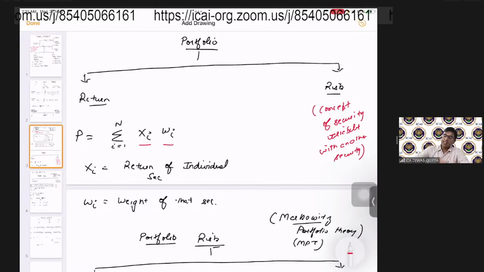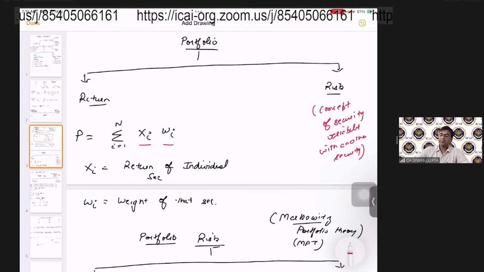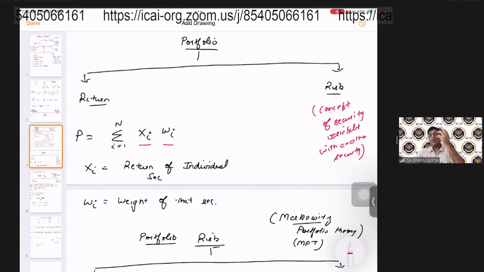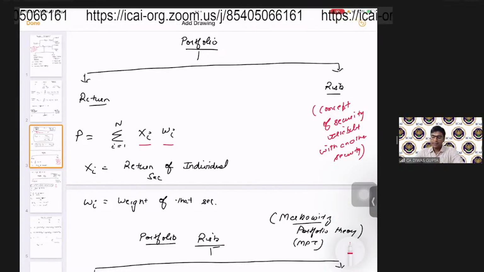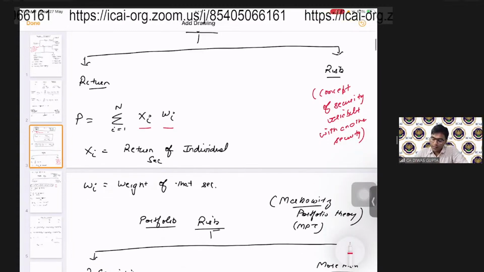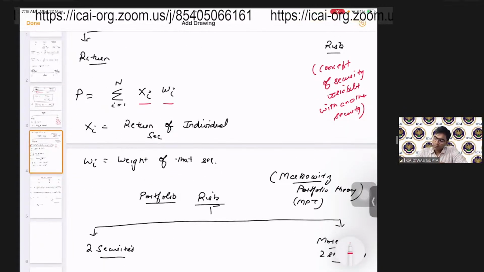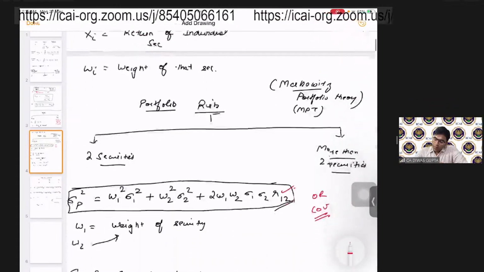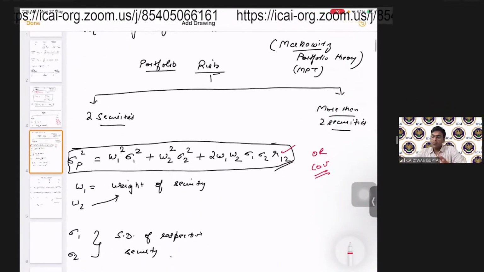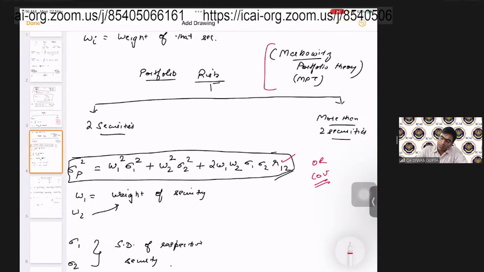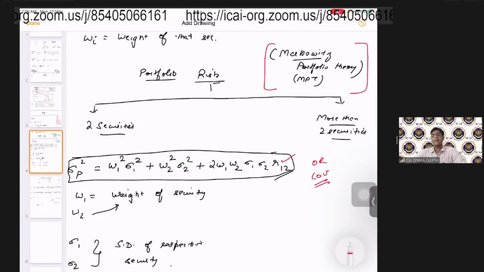So when it comes to a portfolio, for a portfolio also we need to see what its return is and what the risk is. And return, we know this is the simple formula. Now let's come to risk. This part that we are going to study is actually given under Markowitz portfolio theory, students.